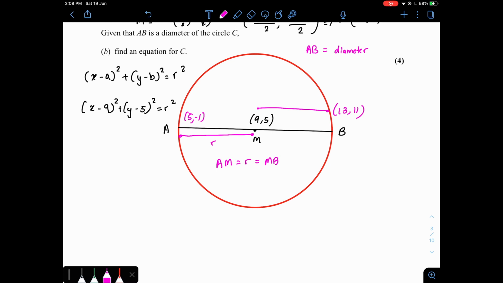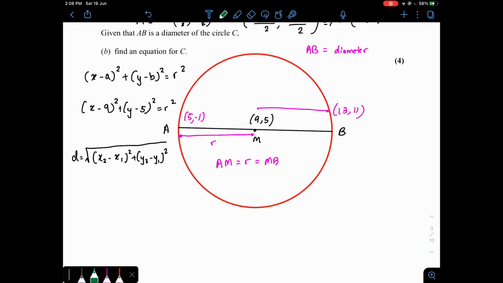And the way we do this is, usually we have the distance formula. So we have D equals the square root of x2 minus x1 whole squared plus y2 minus y1 whole squared. That's the distance between 2 points. So we're just going to label our points.